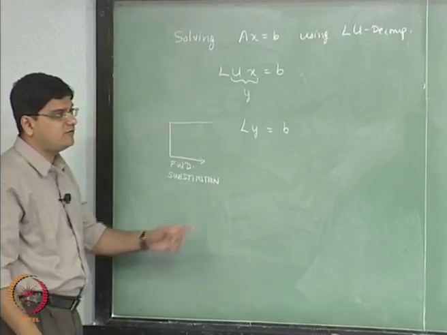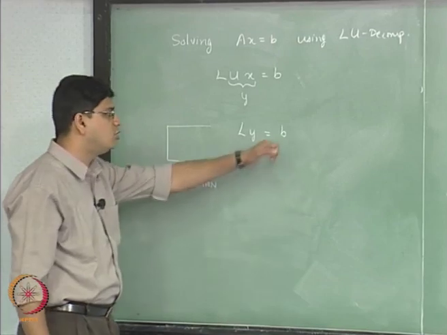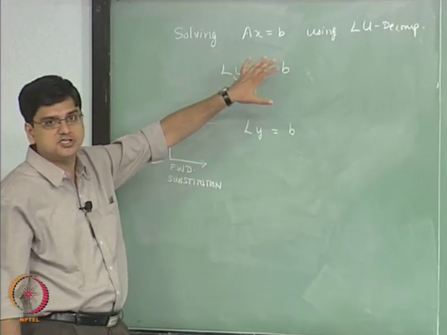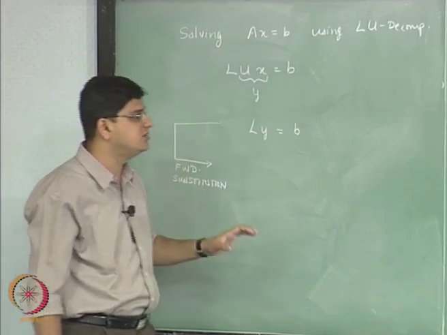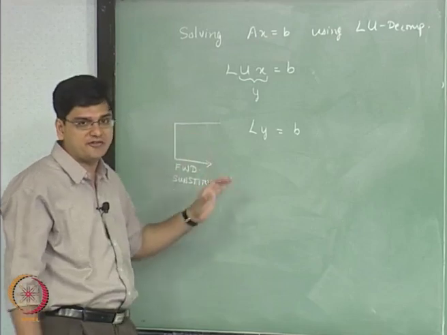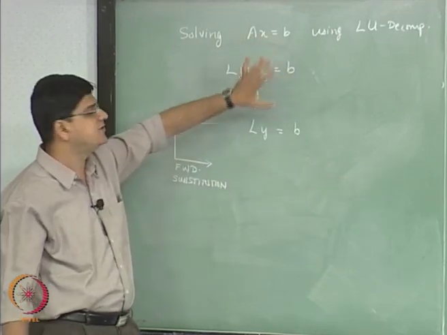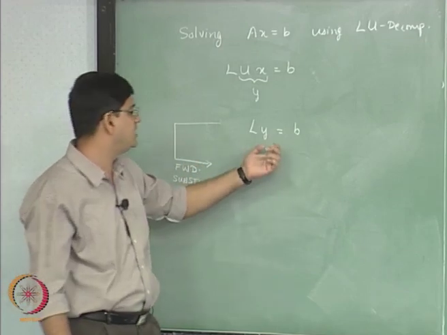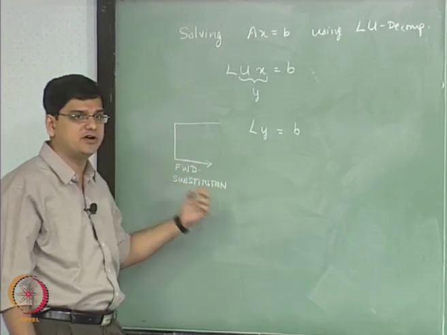Okay. So, the forward substitution step, again this is the original B matrix, the unchanged B matrix. In the LU decomposition case, we apply the Gauss elimination only to the matrix A, not to the matrix composed of A and B together.